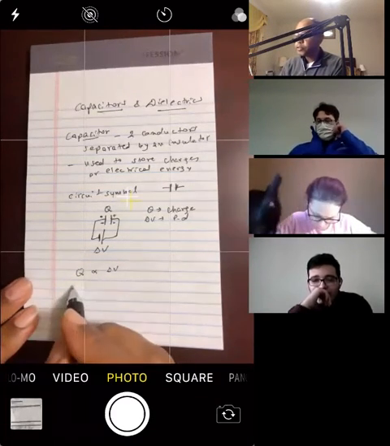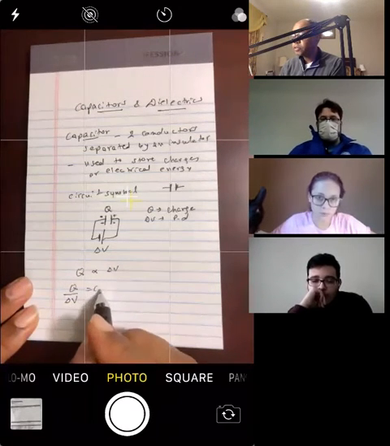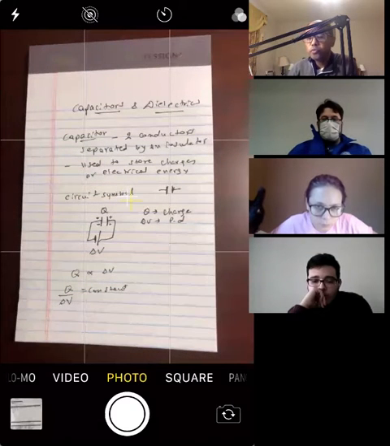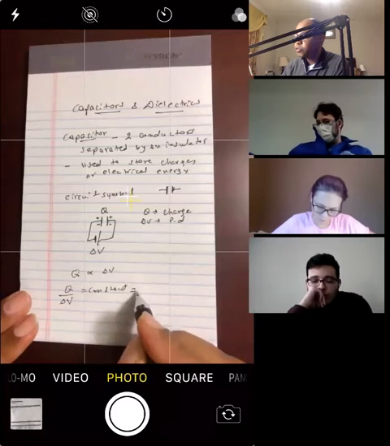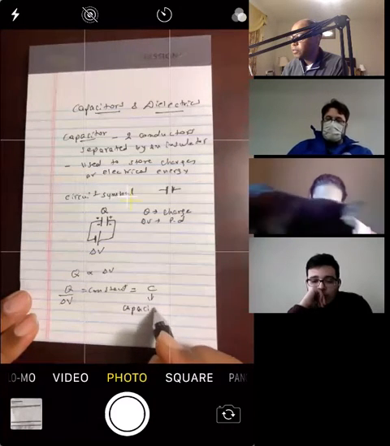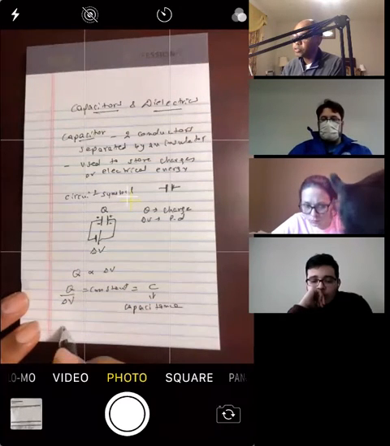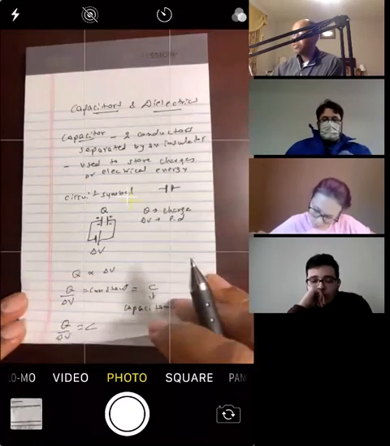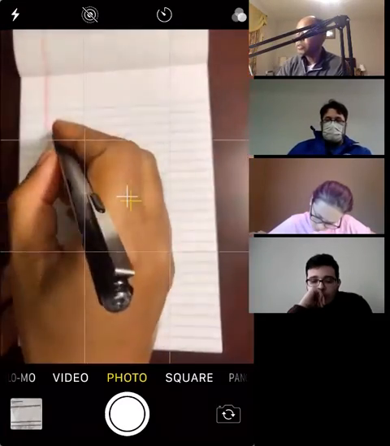So what does that mean? The ratio between the charge and the potential difference across the capacitor is a constant. This constant is a property of the capacitor, and it's called the capacitance of the capacitor. We use C to represent it. So Q over delta V equals C, but it's most of the time written as Q equals capacitance times potential difference.